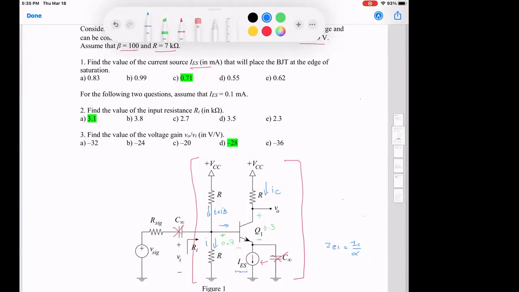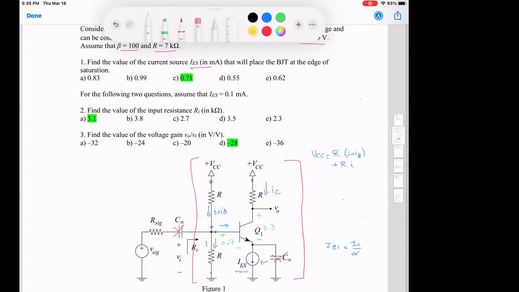To solve for this, I have two paths that I need to look at. The path going down, meaning VCC is equal to R times I plus IB plus R times I. And I also have another path, which is a little bit convoluted: the voltage from here to here is the same as the voltage from here to here, right? And this voltage, I can find it.